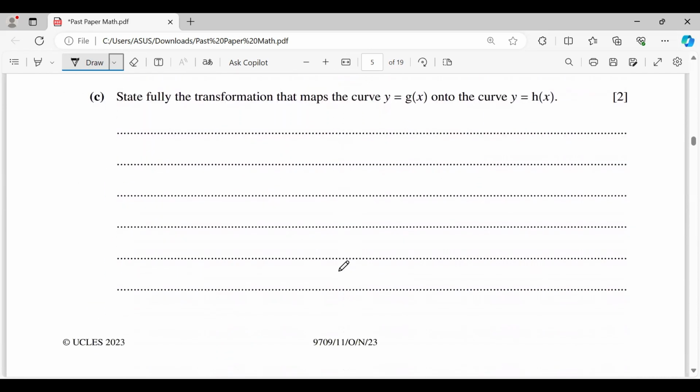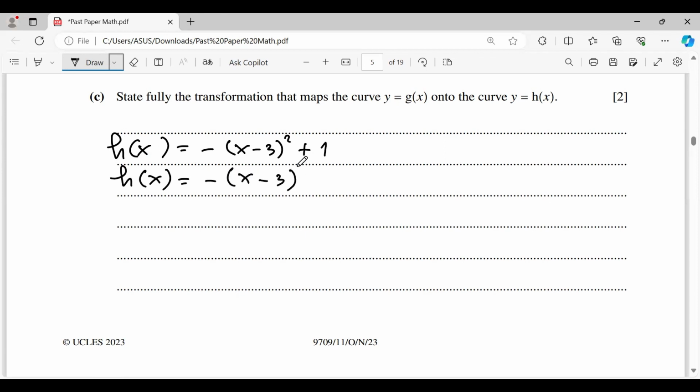Now C, state fully the transformation that maps the curve y equals g(x) onto the curve y equals h(x). So h(x) equals minus (x minus 3) squared plus 1, and we can state it as minus (x minus 3) squared minus 1 plus 2, because minus 1 plus 2 equals 1.